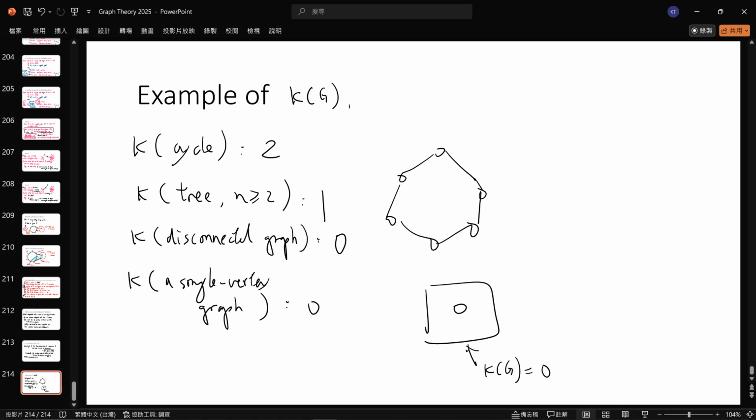So these are the definitions and some examples of kappa G, the connectivity of a graph.